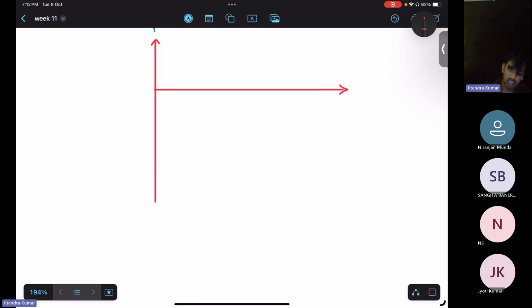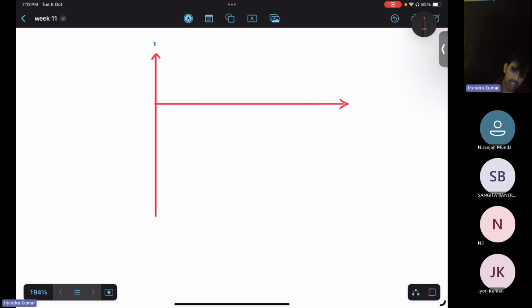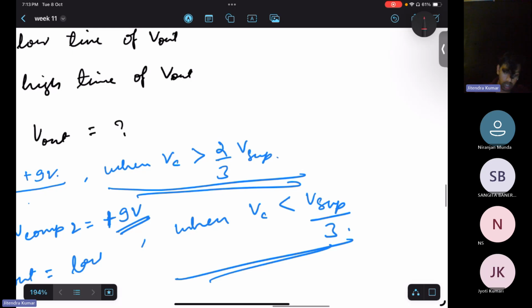Okay, so assuming output voltage is high, starting from high, and low, high, because this is how this will go on. But frequency we don't know, and also duty cycle we don't know, how much the time of on and off. So that we will have to calculate, and that is what our question is all about.